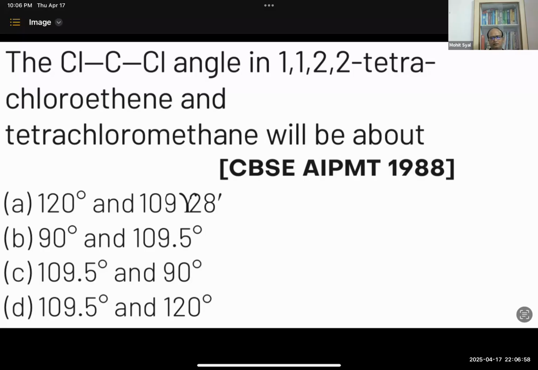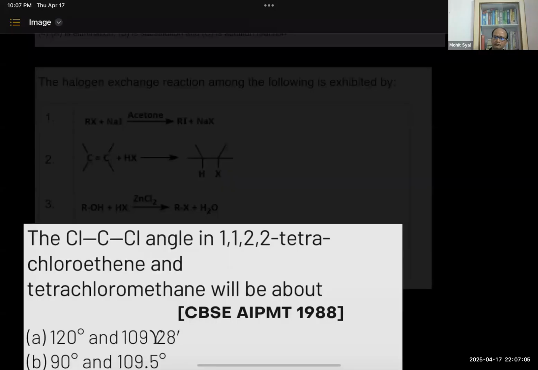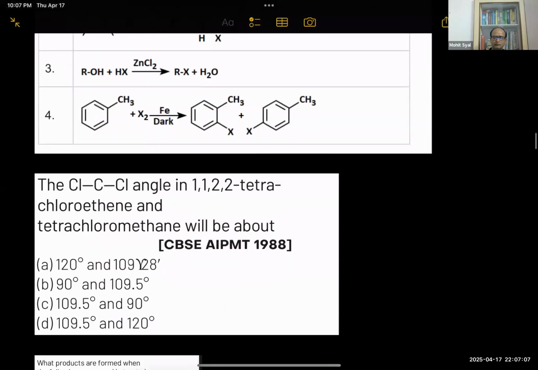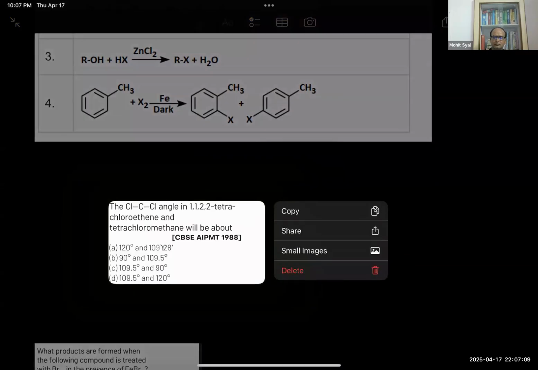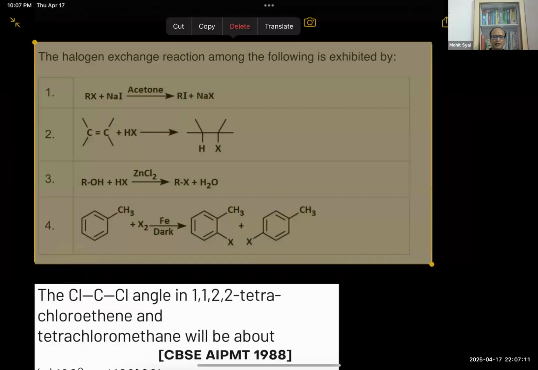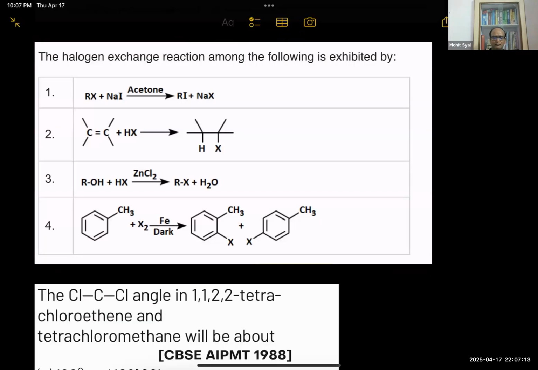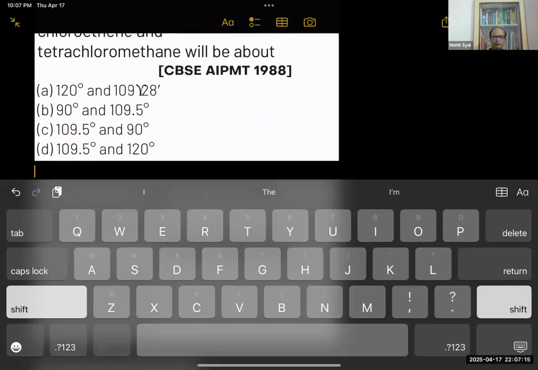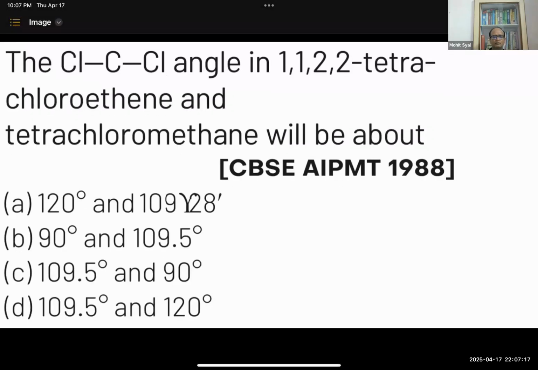Tetrachloroethene and tetrachloromethane. Tell me quickly.